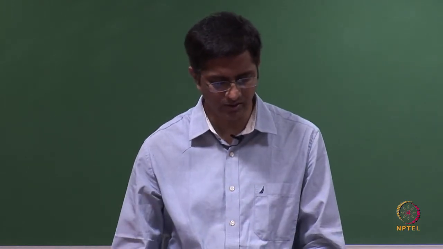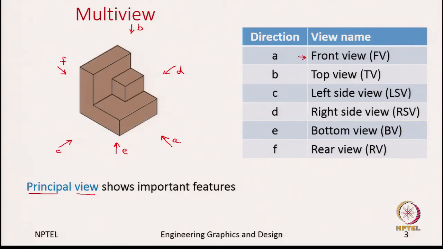For example, here one can argue that this direction A as well as E or B, all 3 of them show a maximum amount of features. Then it depends on the person who is choosing. For example, I may choose A as my front view and some other might choose something else as the front view. That might vary, but the basic principle is you need to find a principal view which shows all the important features, and most often this principal view is made as the front view.